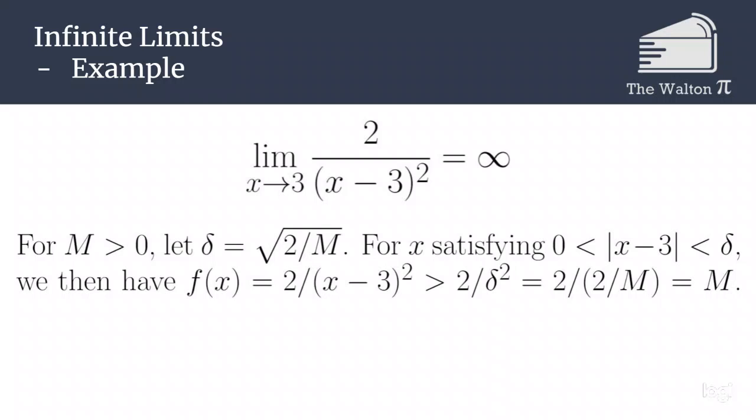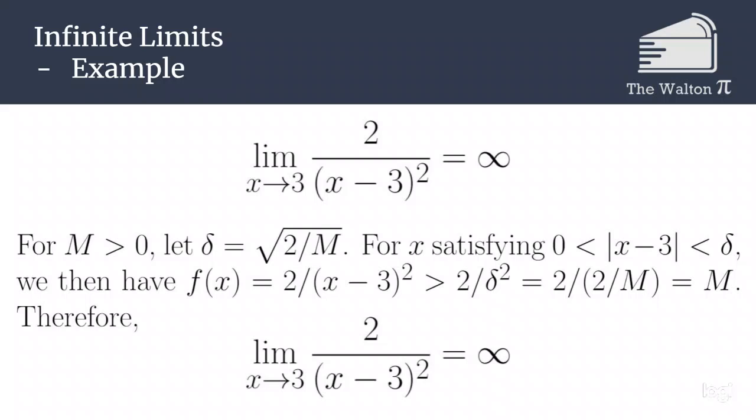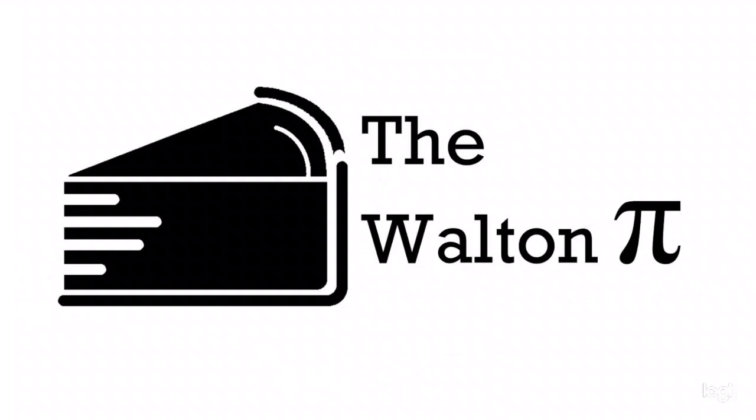So that means we have f of x is bigger than 2 over delta squared, but delta was the square root of 2 over M, so delta squared is 2 over M. So that means we have 2 over the quantity 2 over M, which is equal to M. Therefore, the limit as x goes to 3 of 2 over (x minus 3) squared is equal to positive infinity.